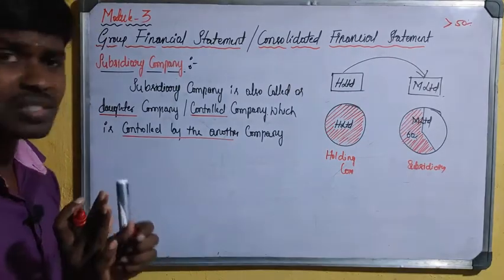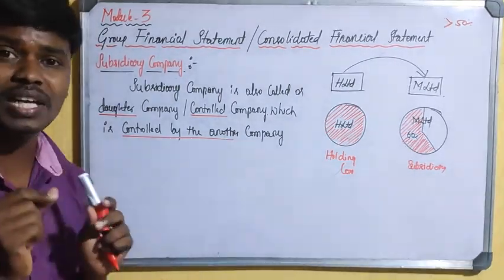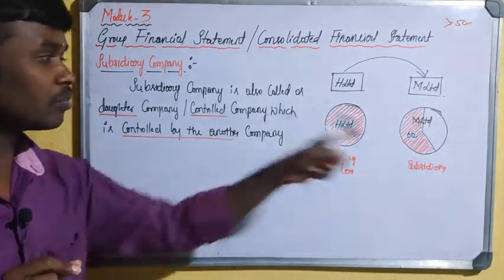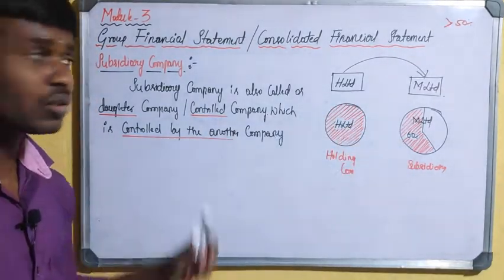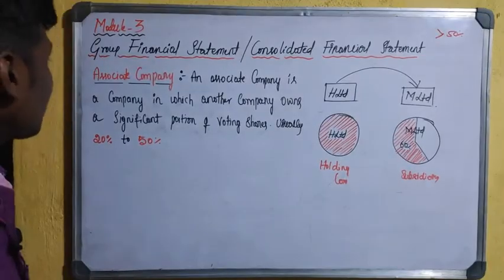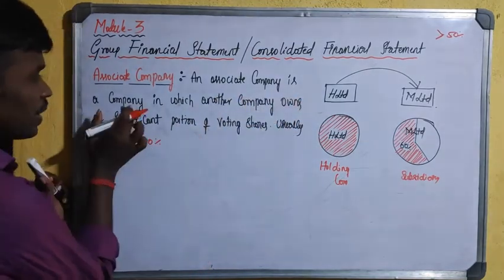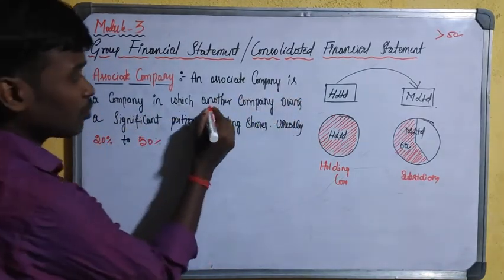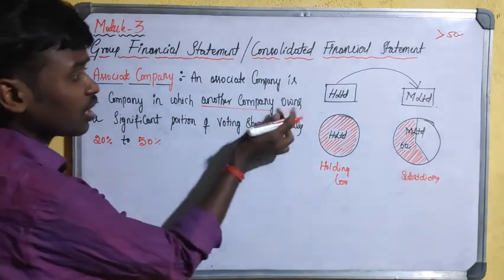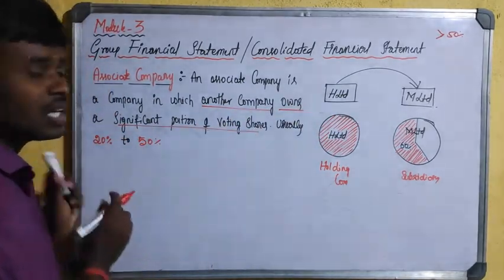Next you have a concept, that is, associate company. Okay, so I will explain what an associate company is and how it differs from a subsidiary company. Okay, so take down associate company. See, what is an associate company? An associate company is a company in which another company owns a significant portion of the voting shares.